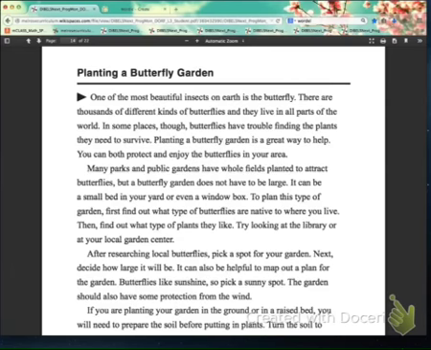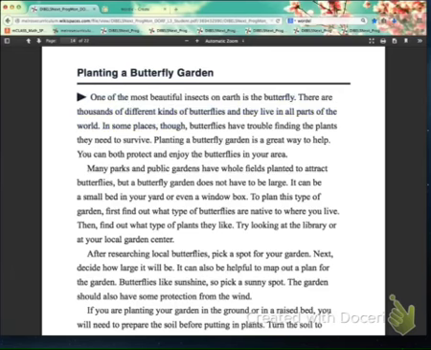Okay? So, Jolene, what's the first thing you learned in the story? That planting a butterfly garden, you need to have a sunny spot. What paragraph is that? Is that the first paragraph? No. What's the first thing you learned in the story? What's the problem that butterflies are having?